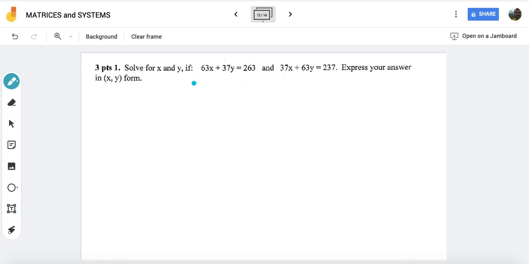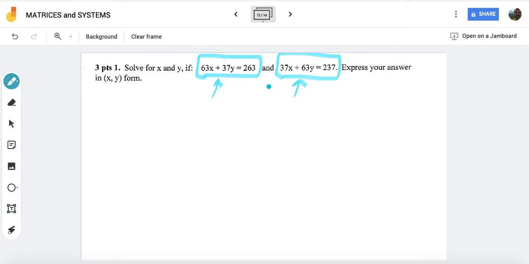This is a 3-point question, I think, from a couple years ago. Notice how terrible these numbers are. If you lined them up on top of each other for a system, you wouldn't be able to add them to get rid of anything or subtract them to get anything. And there isn't a common factor. You don't want to multiply this one by 37 and this one by negative 63.